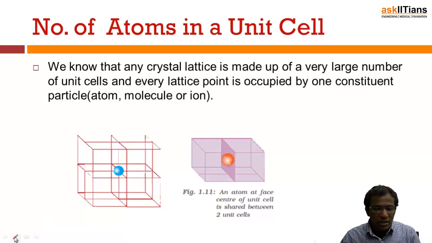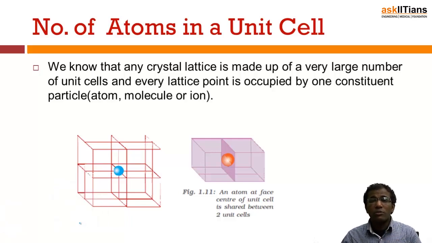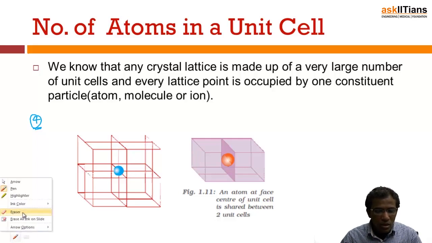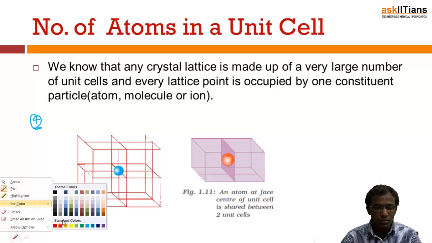We know that particles are present at corners, at the face centers, at the body center, and also at edge centers. So there are 4 different positions a particle can have. This is the particle present at the corner. This particle does not belong to one unit cell, but is equally shared by 8 unit cells.